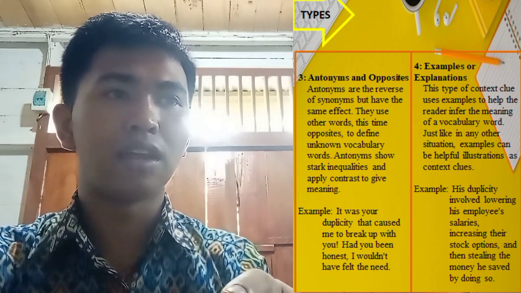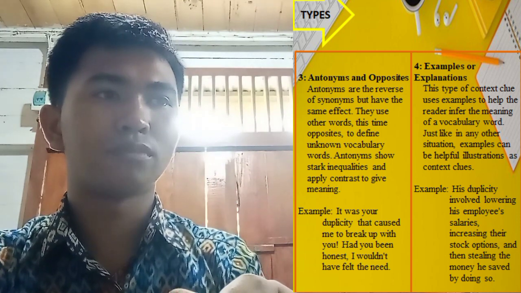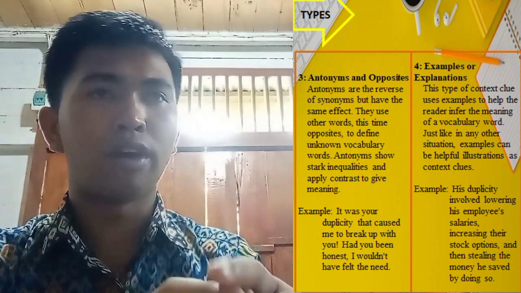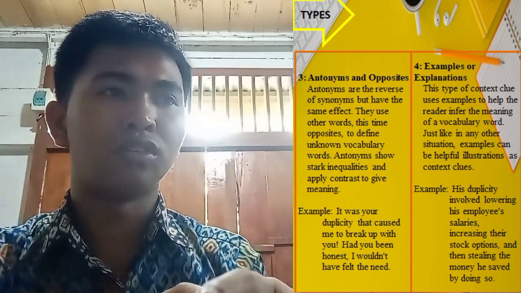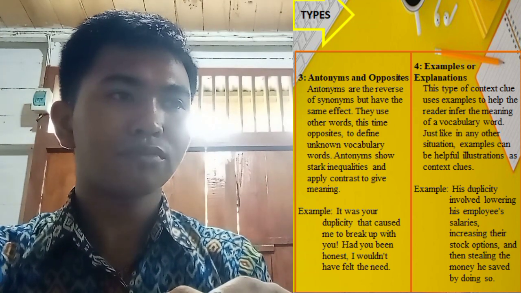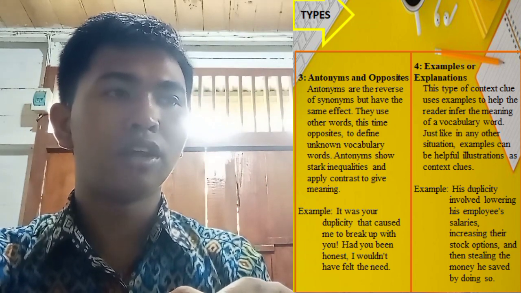For example, what is the antonym of white? It is black. So that is the opposite. This is to define unknown vocabulary words.